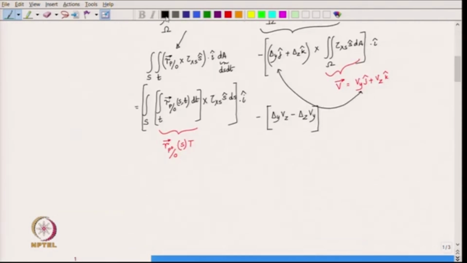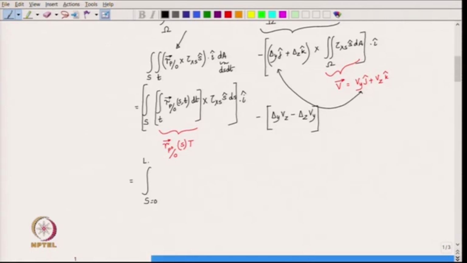All right. So, we can now come back here and then this becomes integration over the arc length S, which goes from 0 to let us say L. Do not confuse this L with the length of the beam, it is simply the arc length along the cross section. Okay.